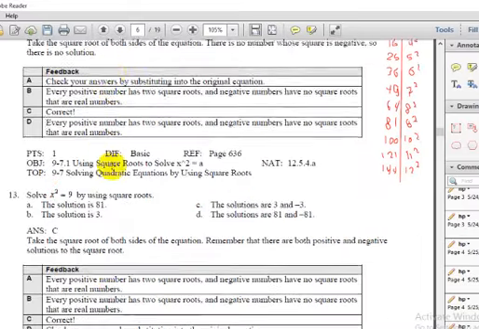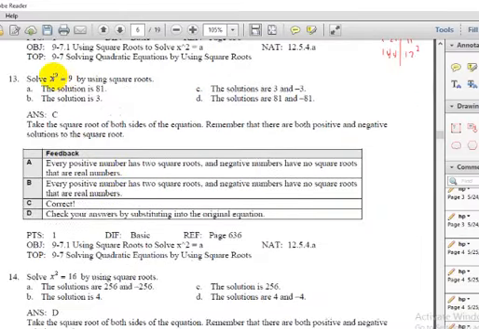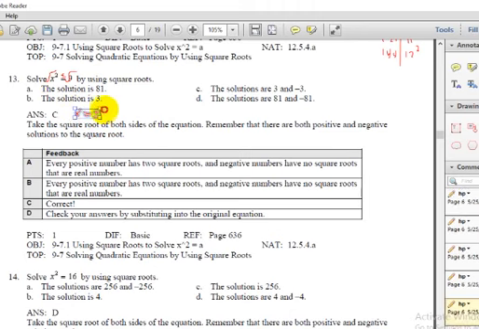Okay, very good. Let's see this one. x^2 equals 9. Let's take the square root here. And don't forget here plus or minus square root of 9. Square root of x^2 will be x, equals plus or minus square root of 9, which is 3.